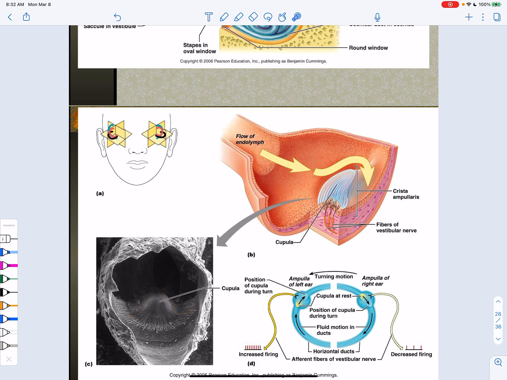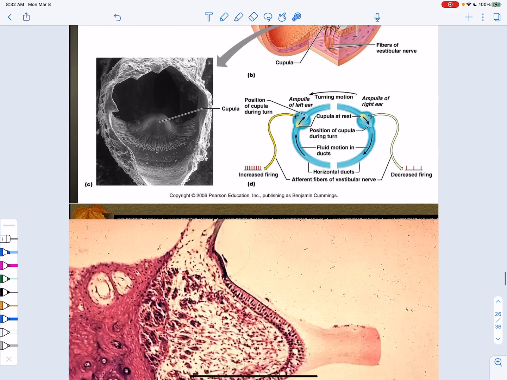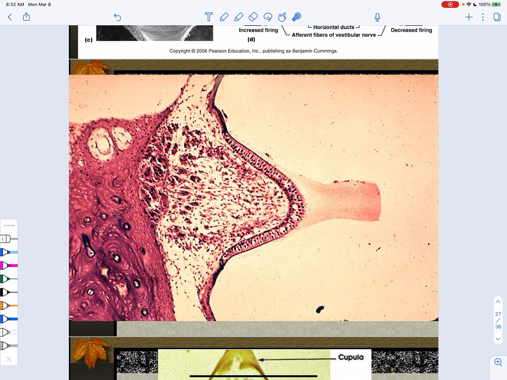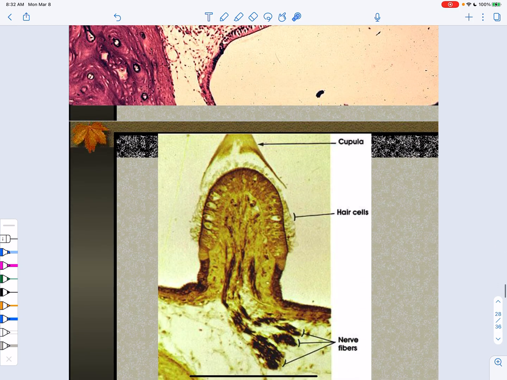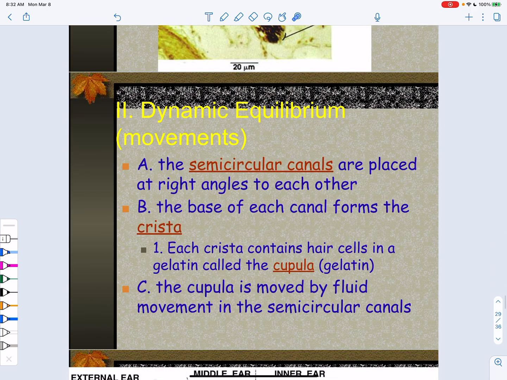And I'm hoping that you're guessing in this cupola, there's going to be all of these little hair cells that are going to be picking up on the movement of the fluid going over it. They're connected to the nerves, they go to the brain, okay? So the semicircular canals are placed at right angles to each other. At the base of each canal is something called the crista.